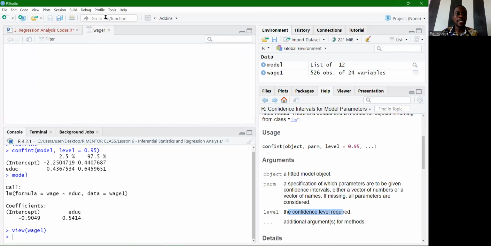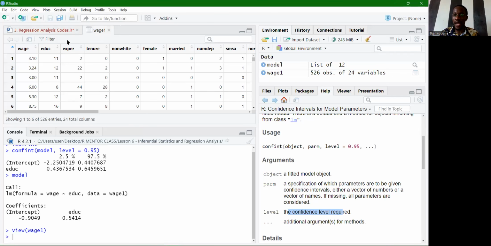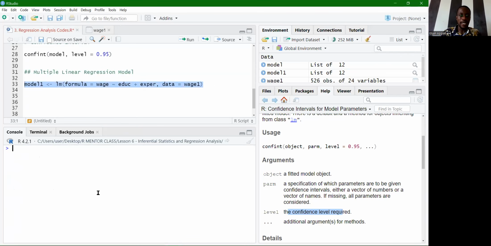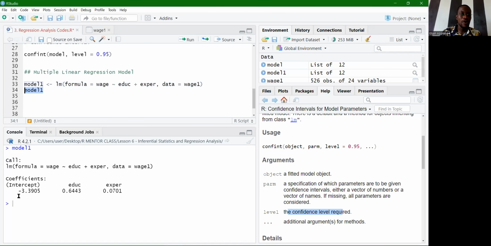In that wage1 data set, we have to find the experience variable that we are adding. That is as simple as it can be. So all I have to do is run this model. Let me clear the console. And then when we simply print the model, we get the coefficients for the intercept, for education, and that of experience.